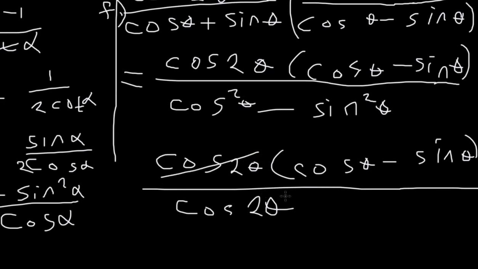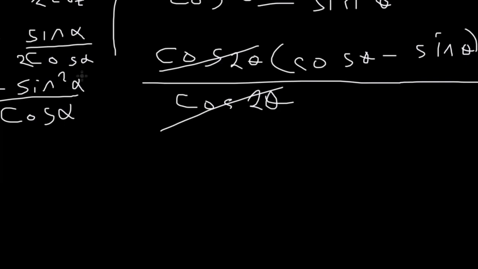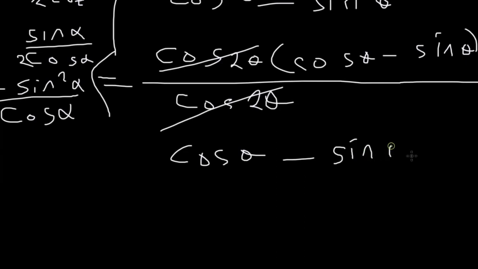So this and that can cancel, meaning that the only thing that we're going to remain with is the top part there, which is cos theta minus sin theta. Hence proved. We have proved the identity.